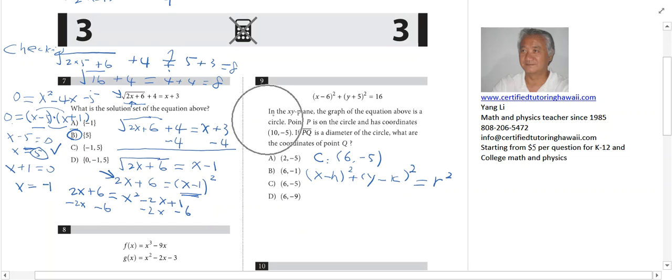Here the center will be (h, k), and the radius is r. This is the basic thing about the standard form of the equation for the circle.